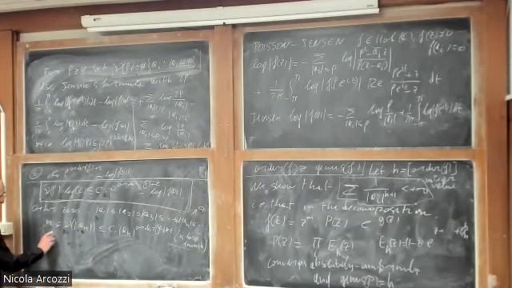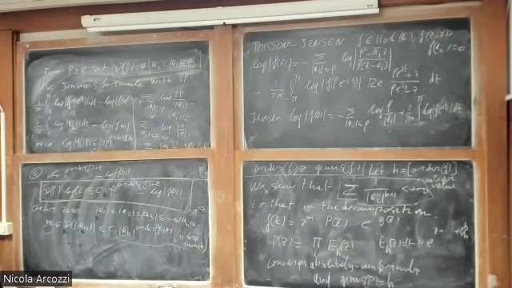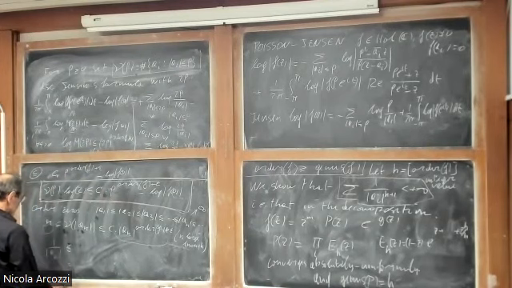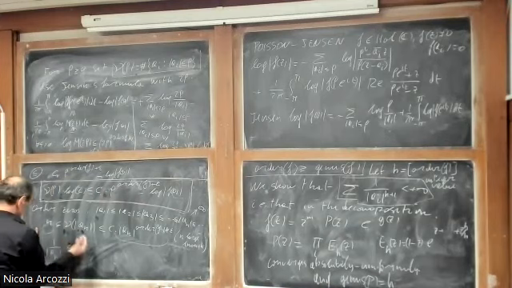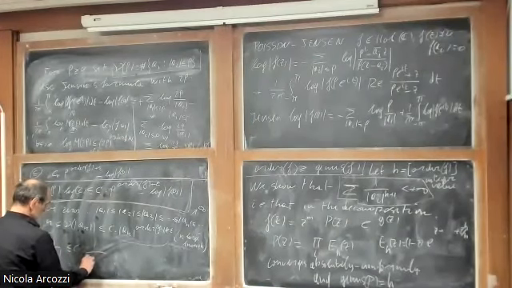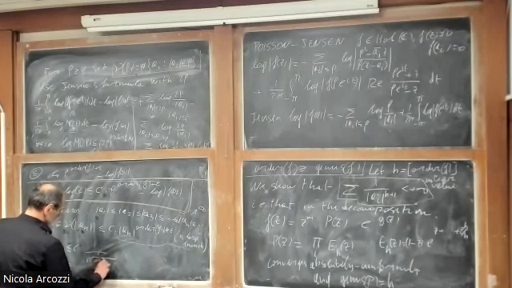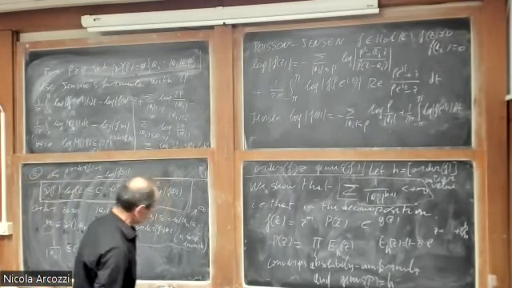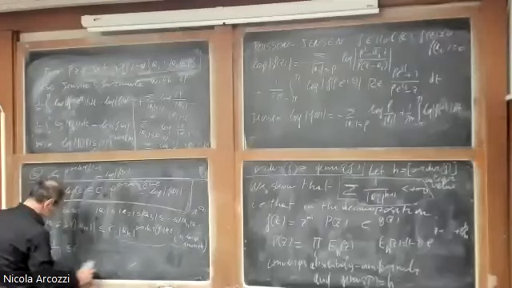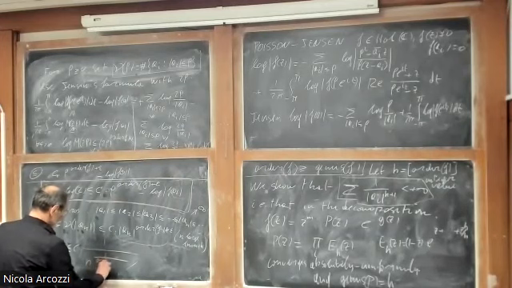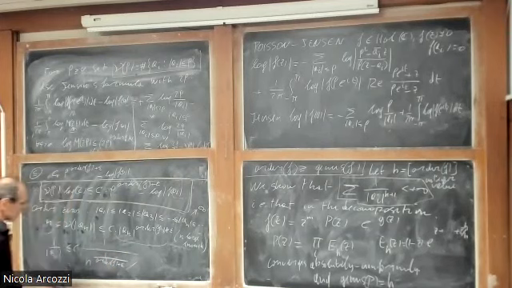But this relation tells us that if I consider 1 over a_n, still for n large enough, 1 over a_n is less than or equal to a constant times 1 over n to 1 over the order plus epsilon.